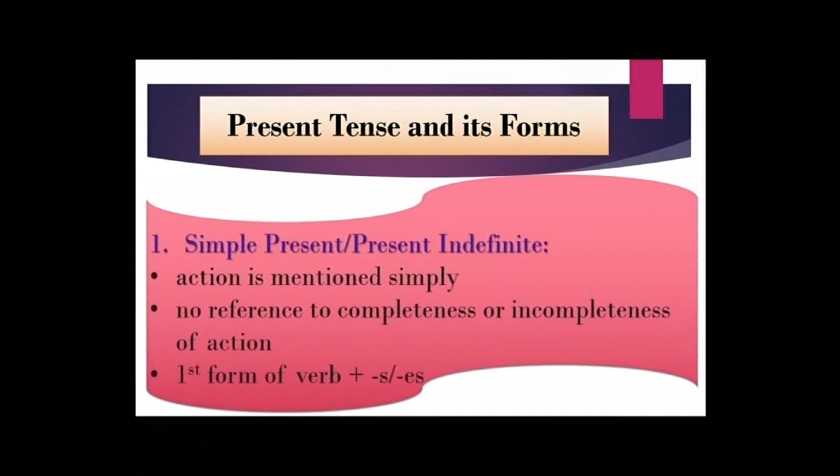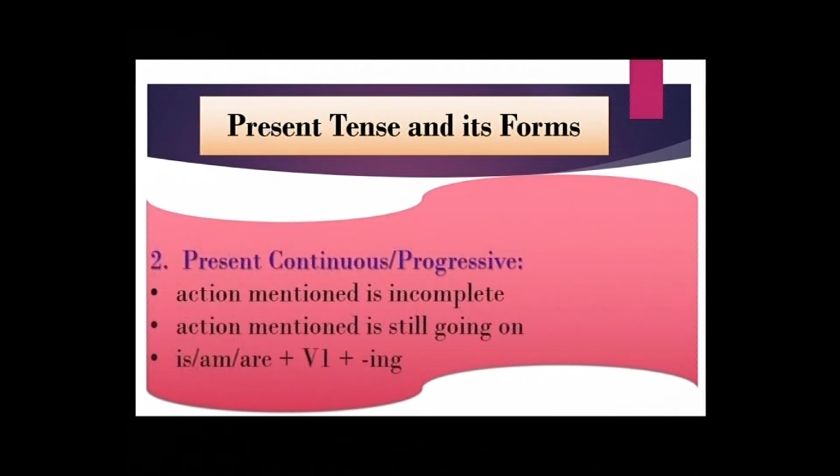So, these are mentioned simply. There is no mention of completeness or incompleteness of the work. And in the structure of these type of sentences, we will use first form of the verb with suffixes s or es.